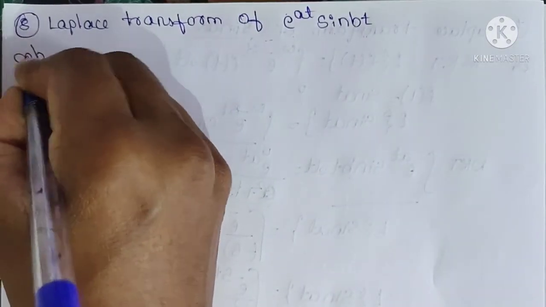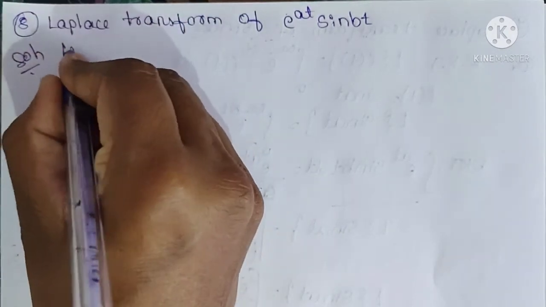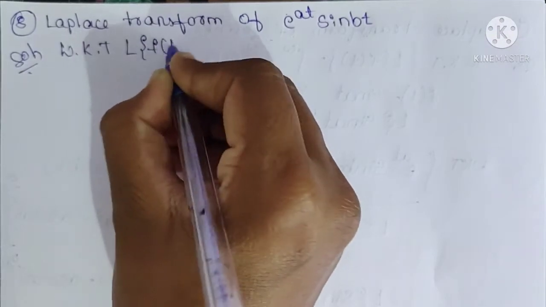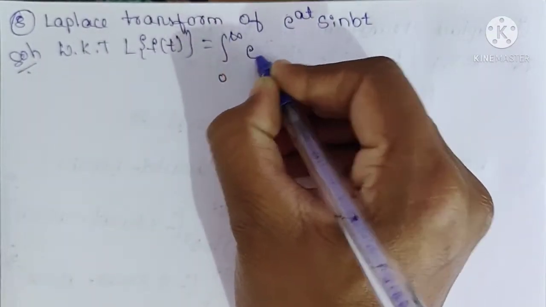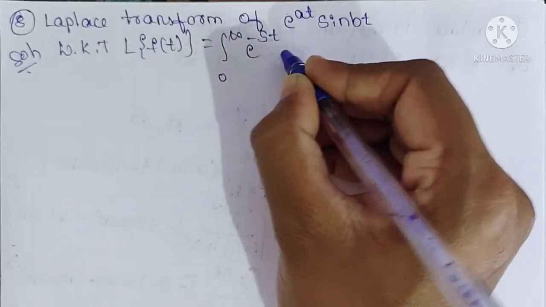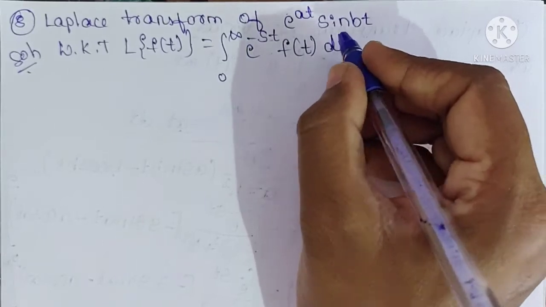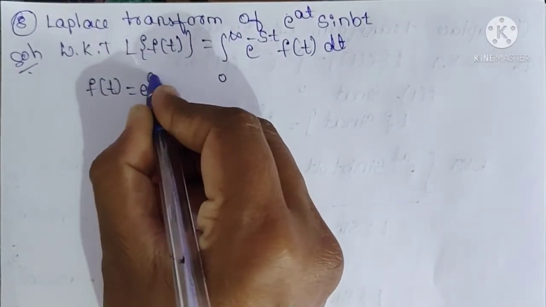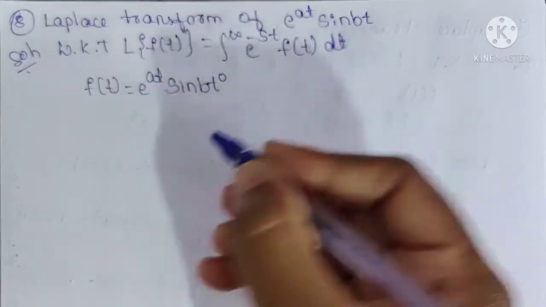Next one, Laplace transform of e power at into sine bt. Solution. We know that Laplace transform of f of t is equal to 0 to infinity e power minus st f of t dt. Here f of t is e power at sine bt.